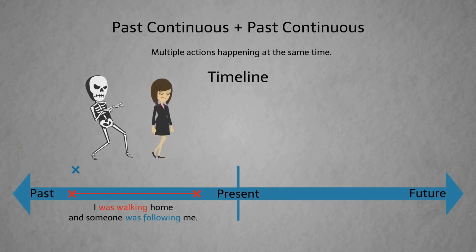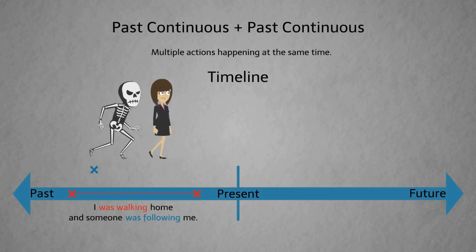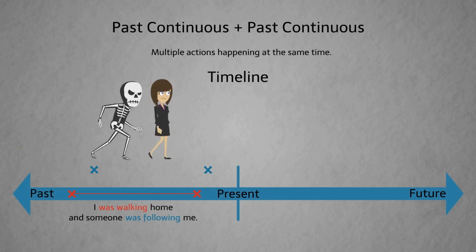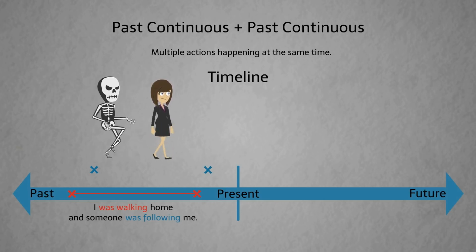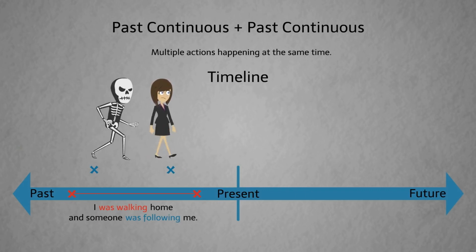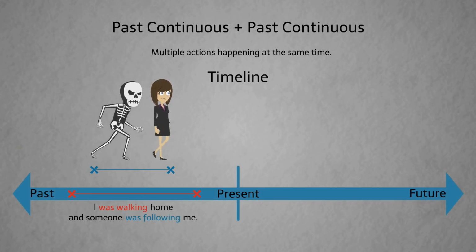Or maybe he started following her sometime after she left the office. We also don't know which one finished first. Maybe the stalker stopped following her after she arrived home, or maybe sometime before she arrived home. We just know that during a certain period in the past, these two actions were happening at the same time.